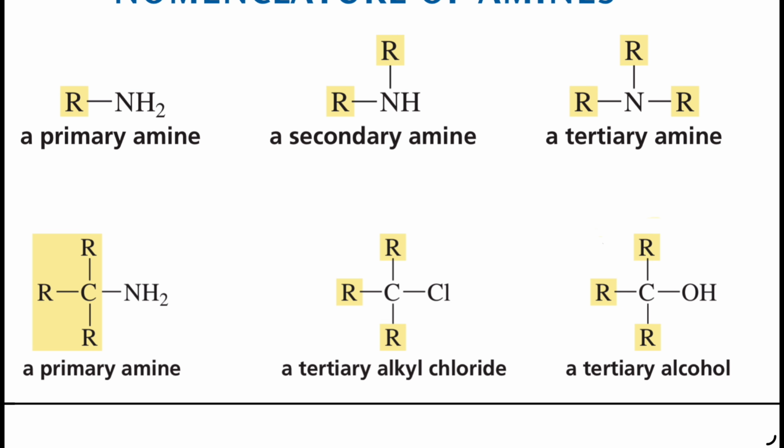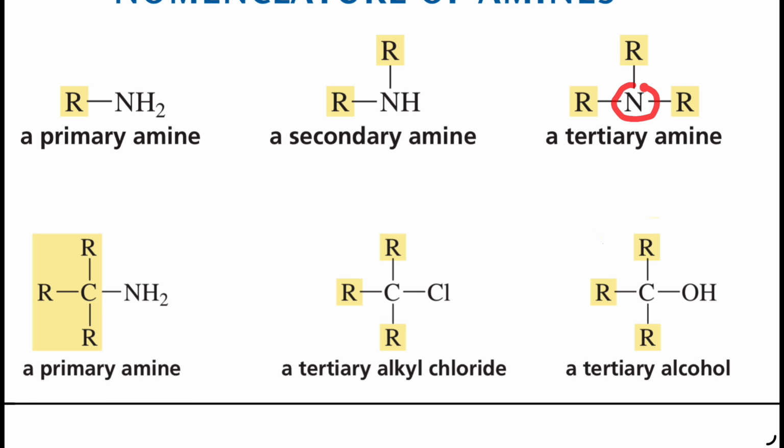We need to compare amines classification with the classification of alcohols and classification of alkyl halides. In case of amines, we have to focus on nitrogen. If nitrogen is directly attached to one alkyl group, then it is called a primary amine. If nitrogen is attached to two alkyl groups, then it is called secondary amine.